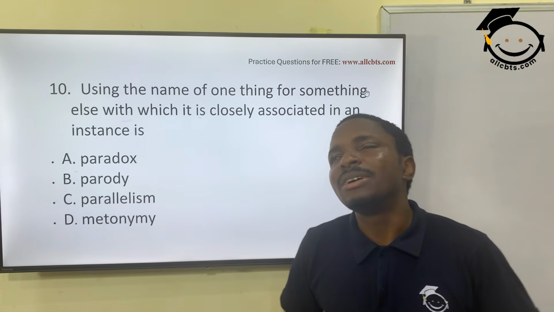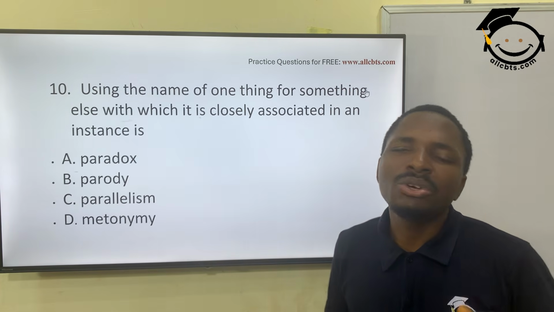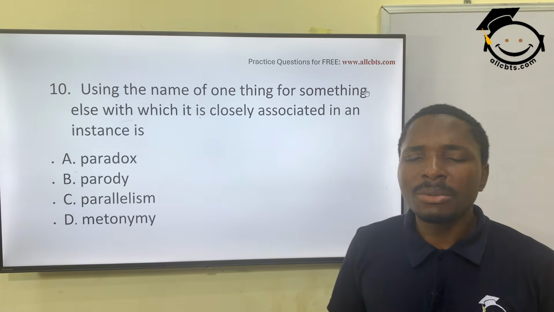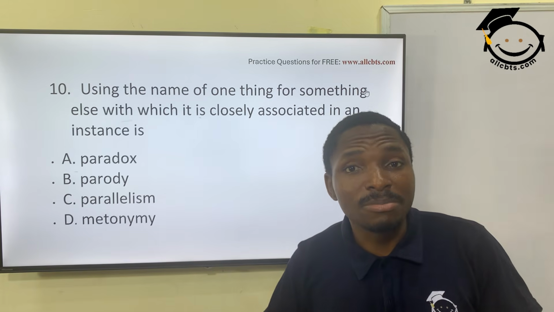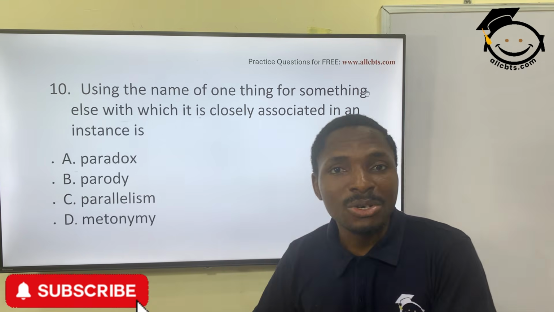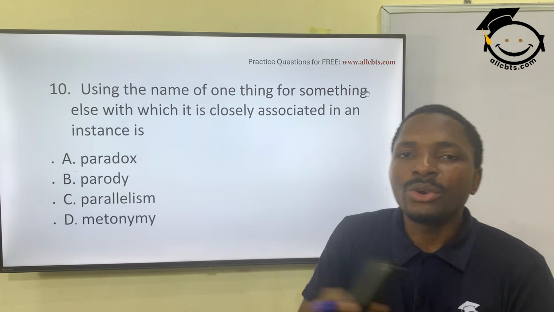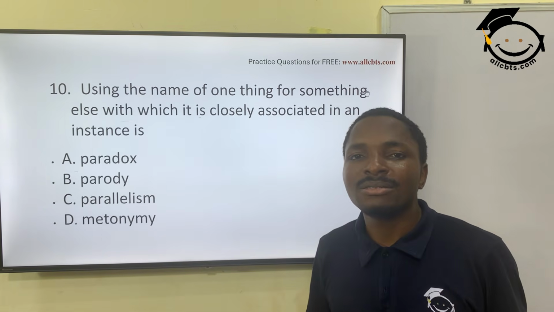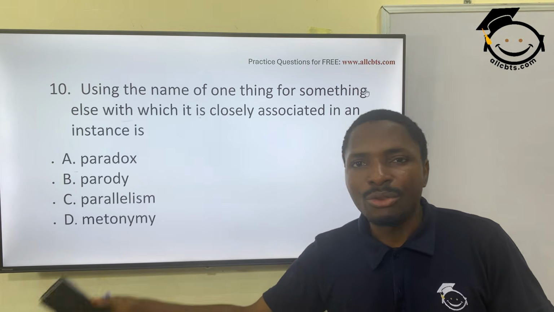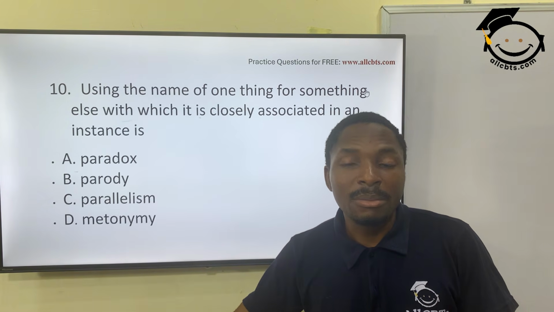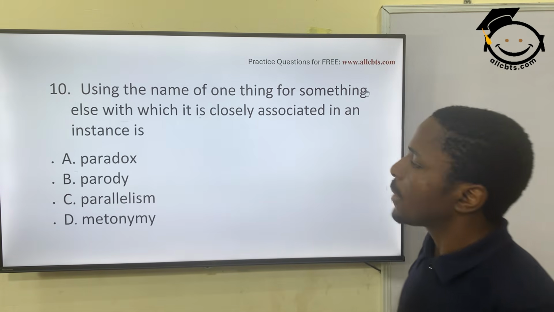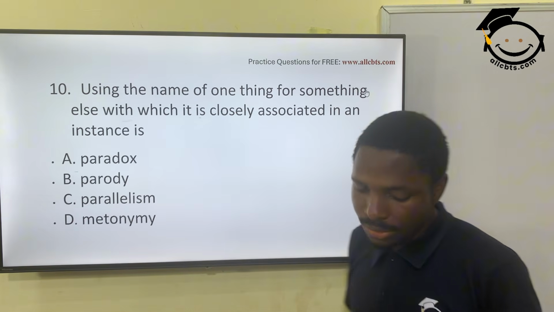For example, when you talk about the crown, somebody can deduce that you're talking about kingship. Crown is often associated with kingship, so you can substitute crown in writing or in discussion in reference to the king, the ruler or the chief, the head of that society. So that's an example of metonymy.